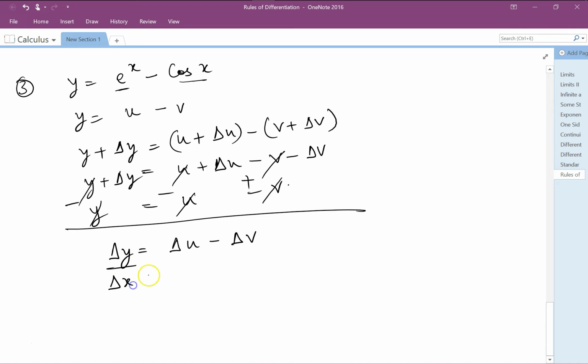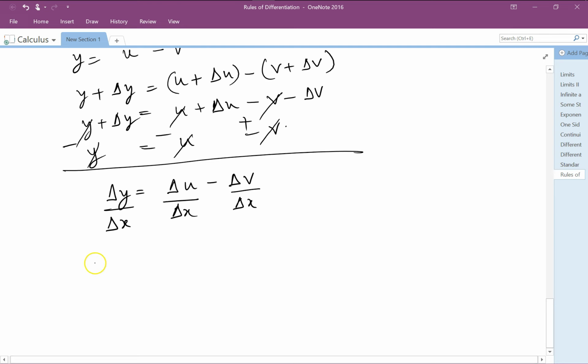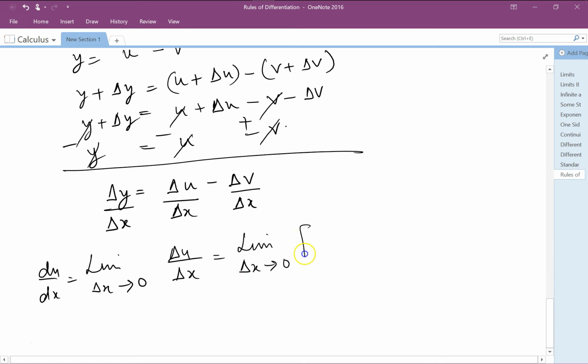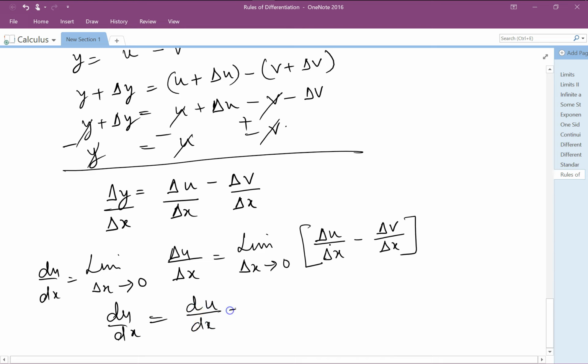Divide both sides by delta x and then take the limit to get the derivative. Once we take the limit, it becomes dy by dx equal to du by dx minus dv by dx.